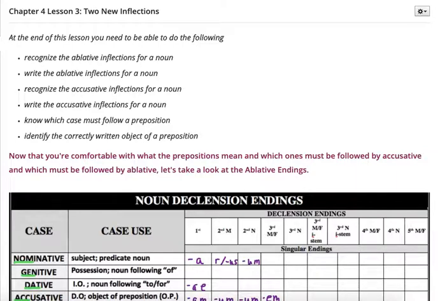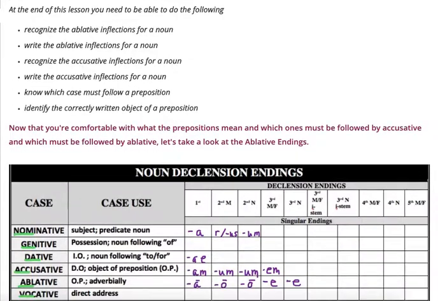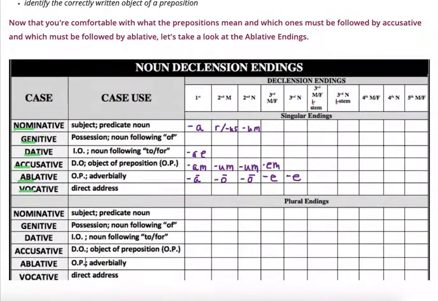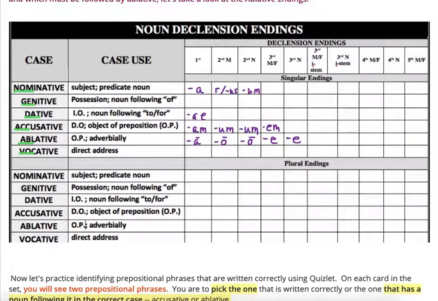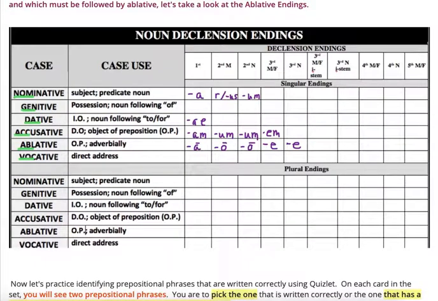Now that you are comfortable with what the prepositions mean and which ones must be followed by accusative and which must be followed by the ablative case, let's make sure that we know what the ablative endings actually are. You'll want to have your pink chart, and on your pink chart, you want to fill in the ablative endings.